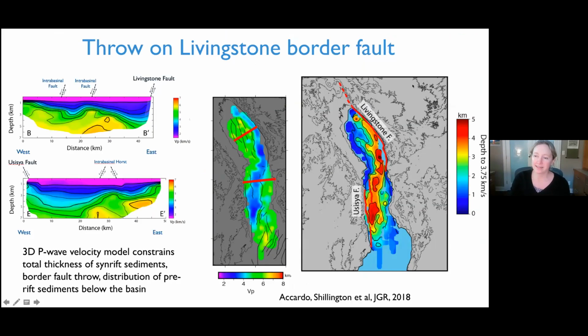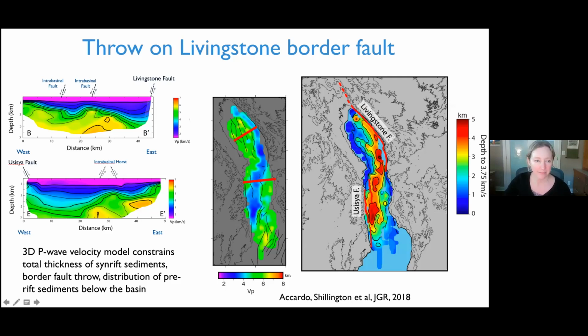If we want to think about the distribution of extension between the border fault and intra-rift faults, the first thing we need to do is try to constrain the total extension that has occurred on the border fault and intra-rift faults. So first we'll take the border fault, the Livingstone border fault. What I'm showing here are results from a 3D P-wave velocity model from Natalie Accardo.